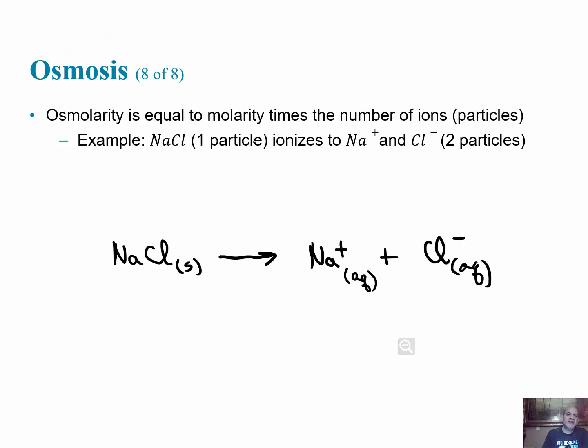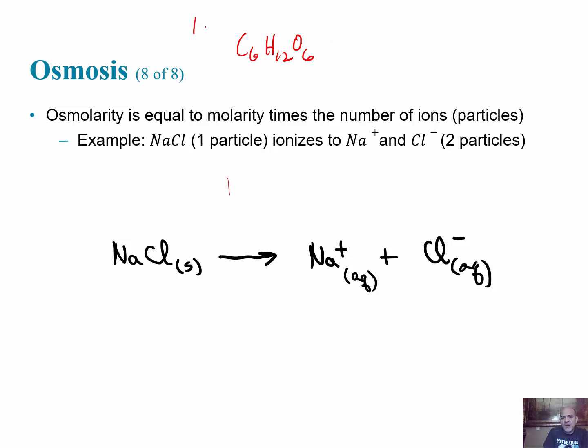So looking at osmolarity a little closer, and how different types of substances might be measured and how they influence it. The osmolarity is going to be equal to the molarity times the number of particles when it comes to ionic substances. It really depends, because if I were to have something like glucose, C6H12O6, it's a molecular compound, not ionic.